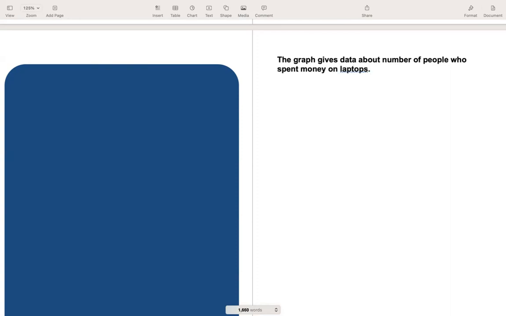That's one graph. So tell me, the data is for what? The data is telling me what? Number of people who spend money. So for example, I have data 10. So 10 is not money. 10 is the number of people. Are you clear? Yes, sir.